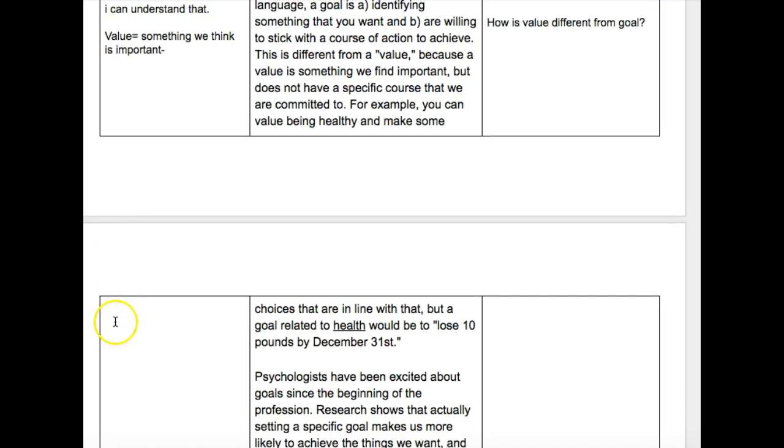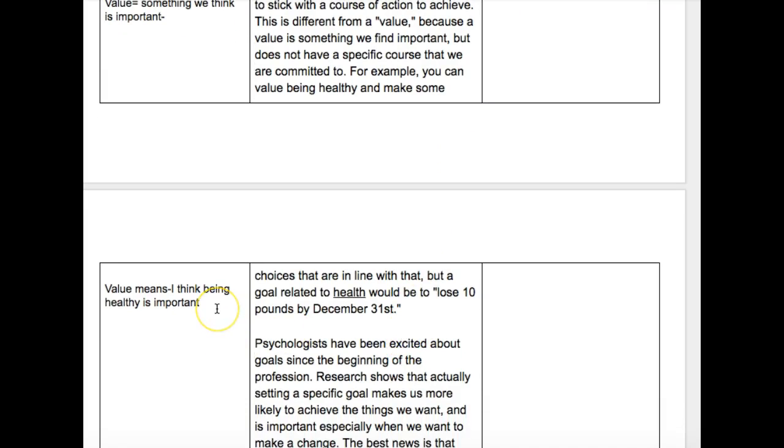So value here means I think being healthy is important, okay?